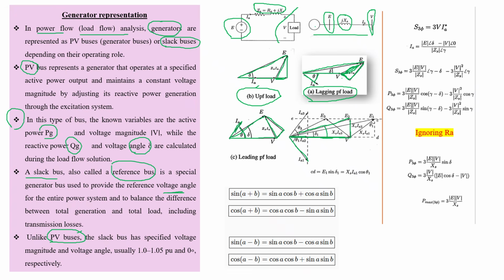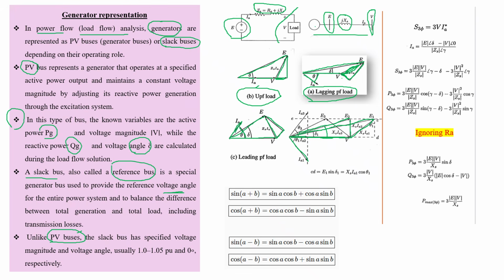This internal impedance drop of the generator is perpendicular to this current IA1. So for that also we have this magnitude of internal voltage.